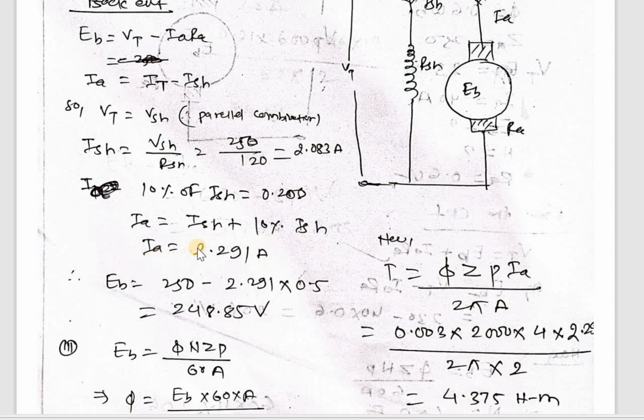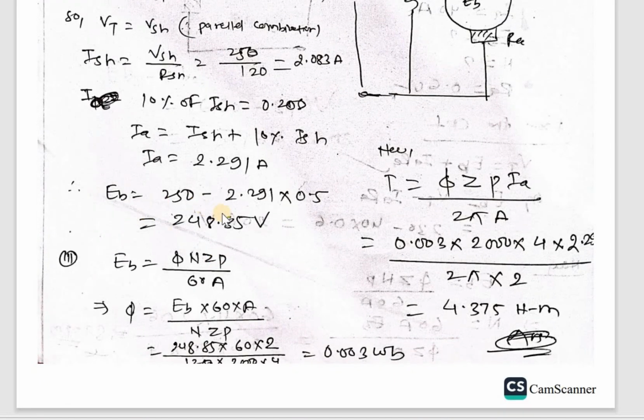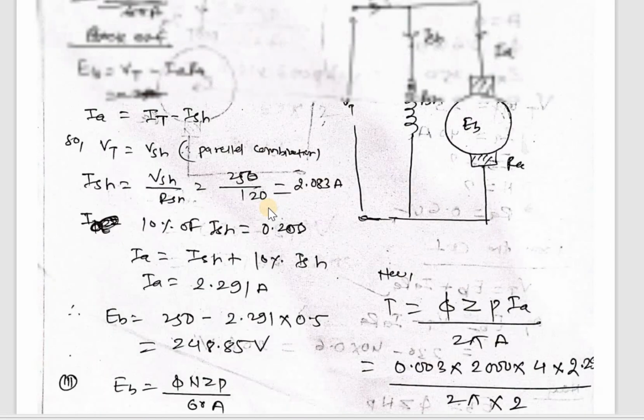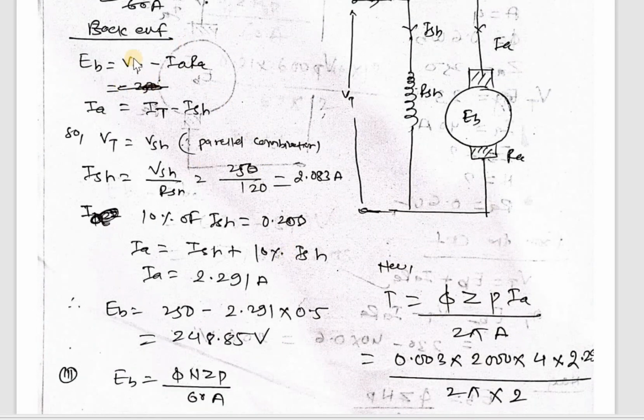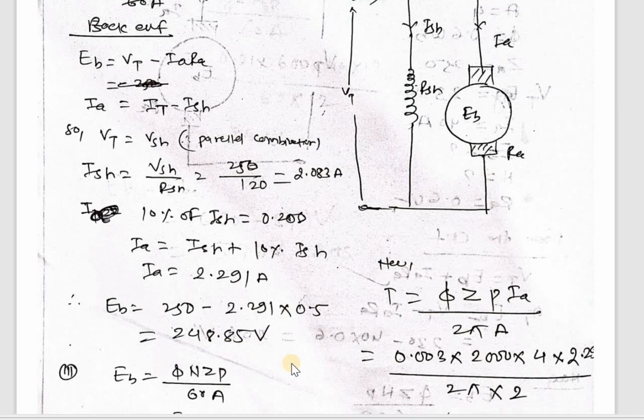So Ia equal to 2.291 ampere, and back EMF equal to Vt minus IaRa. Put all these values in this, Vt equal to 250 and the value of Ia is 2.291 into 0.5, so we can get back EMF equal to 248.85.